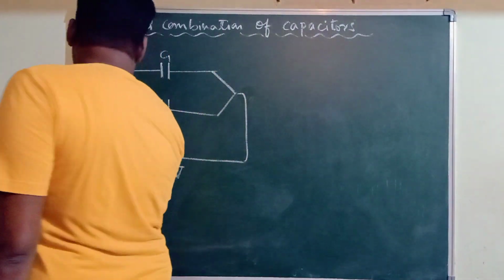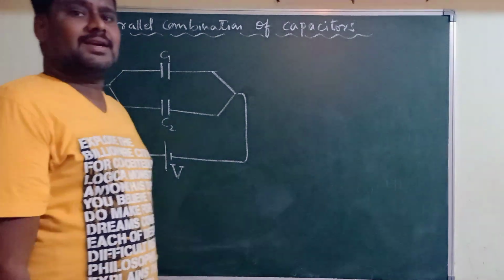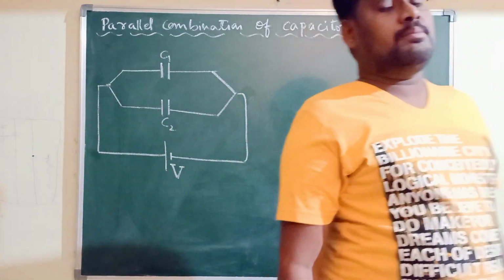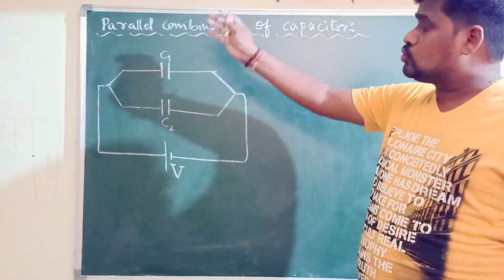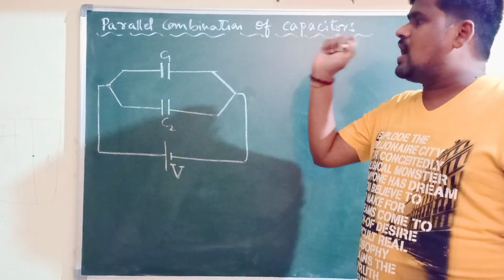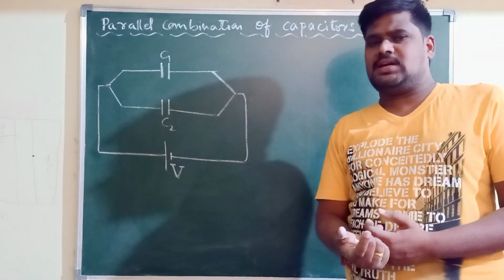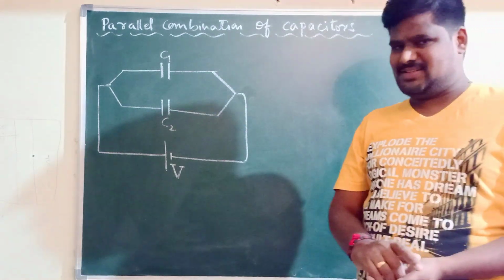So very interestingly, when the number of capacitors are connected in parallel, they are going to store different charges. That is, the charge stored by the first capacitor will not be equal to the charge stored by the second capacitor.